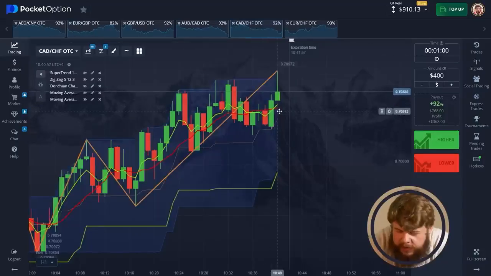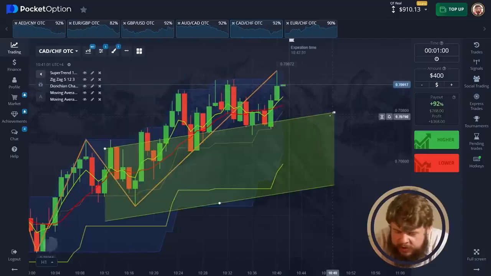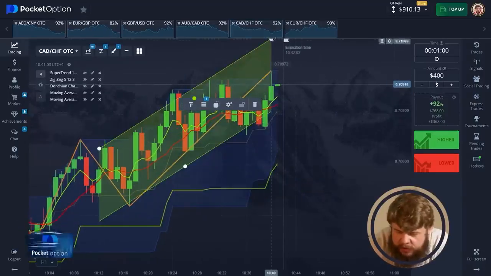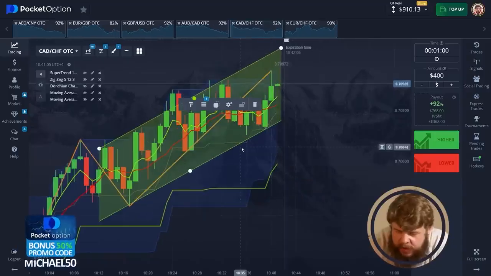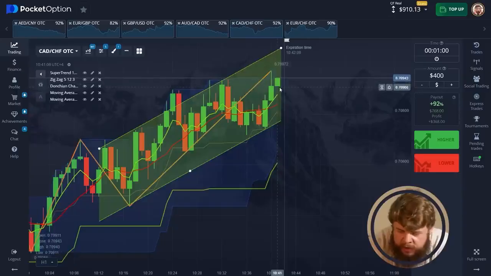What can we find interesting here? According to the zigzag, we're in the upgoing channel, but let's draw it. Okay, so now we can clearly see price is touching the upper edge of the upgoing channel. I'm quite sure that after this we will get the pullback reaction.